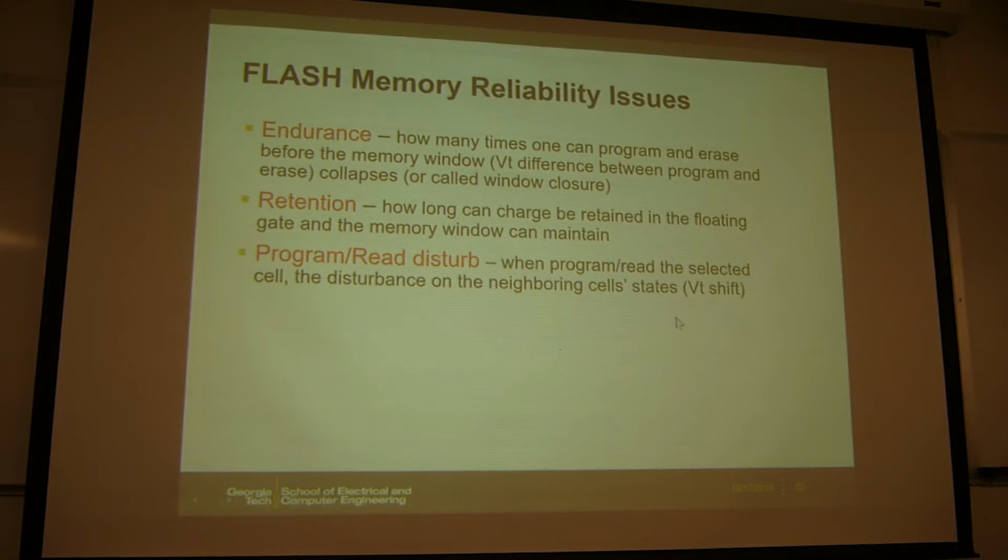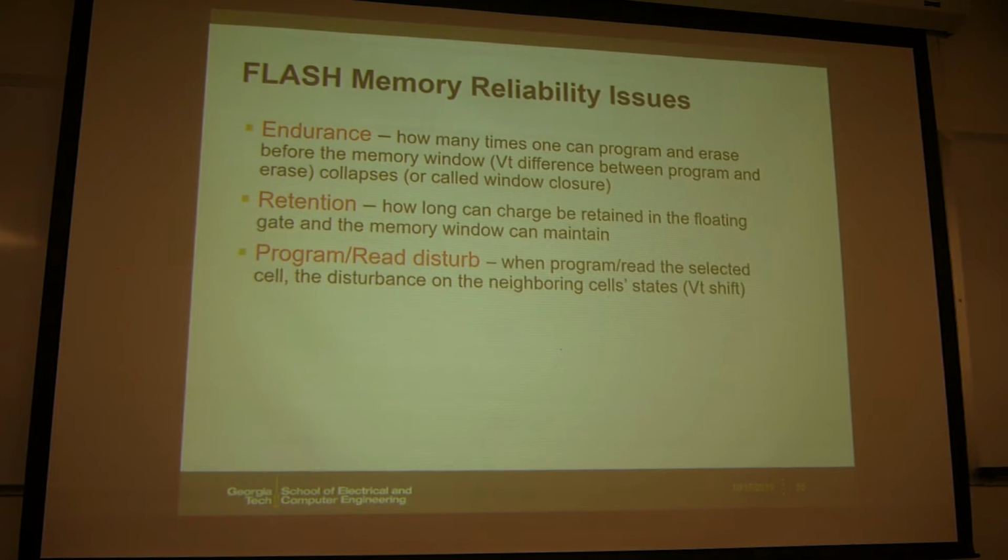So if you compare this with other memories we discussed before, like the SRAM or DRAM, many of those reliability issues are unique in this flash. And you will see that later. This is general for the non-volatile memory.